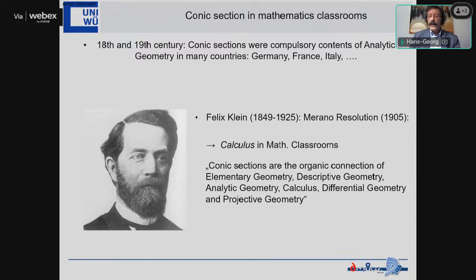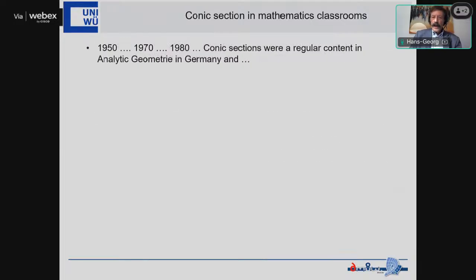And he thought, yes, it's very important. You have to do conic sections in mathematics classrooms. And then in 1950, 1970, 80, conic sections were a regular content in analytic geometry in Germany, maybe also in some other countries. I'm not quite sure.